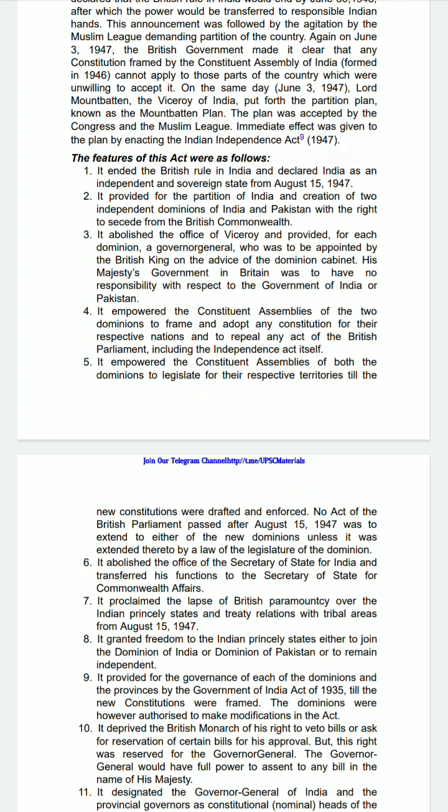It ended the British rule in India and declared India as an independent and sovereign state from August 15, 1947. It provided for the partition of India and creation of two independent dominions of India and Pakistan with the right to secede from the British Commonwealth.